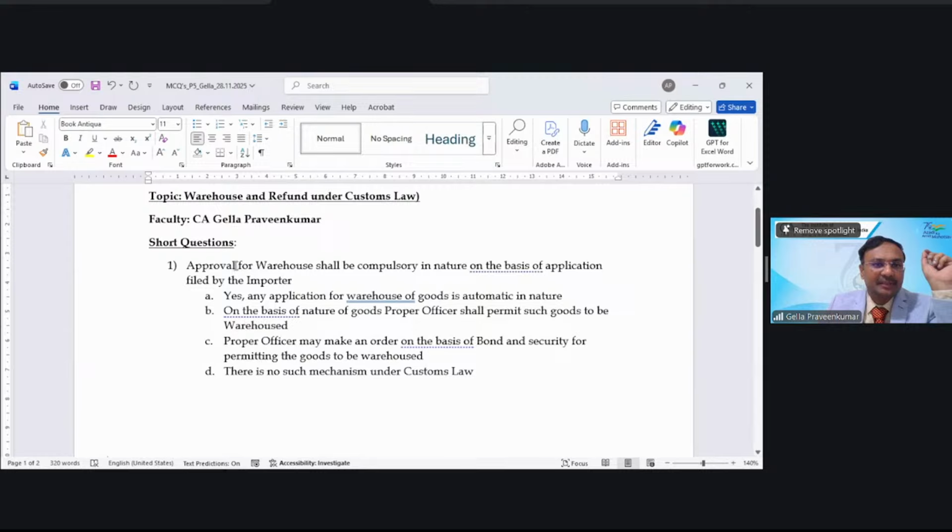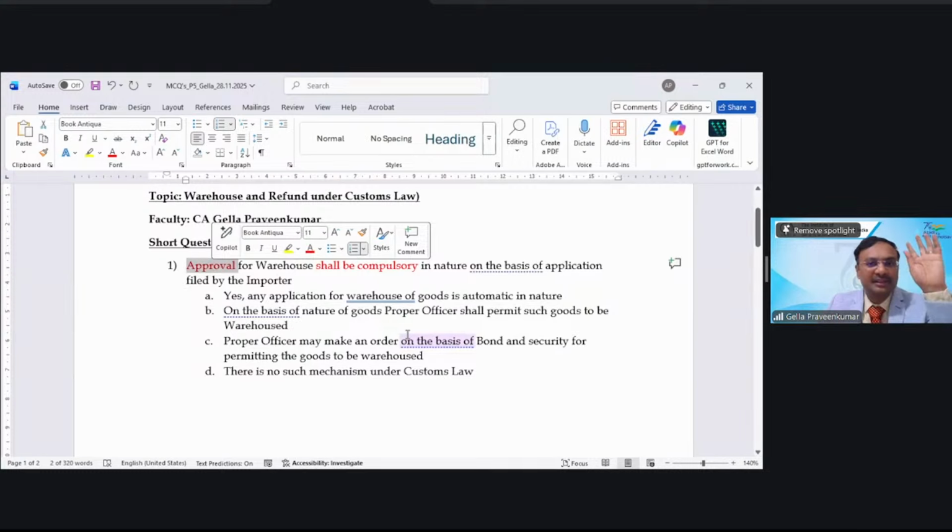Like here, approval. Who will give approval? The proper officer. Shall be compulsory. The moment they say compulsory, approval, these are the terms which try to prove that, boss, this is something which is not possible. So they're trying to question you from that point of view.